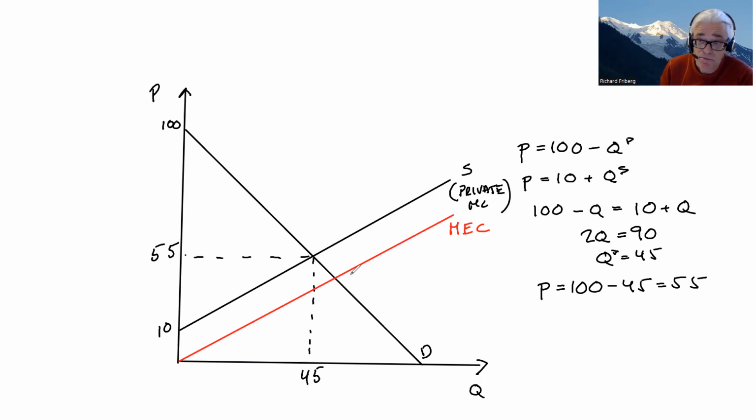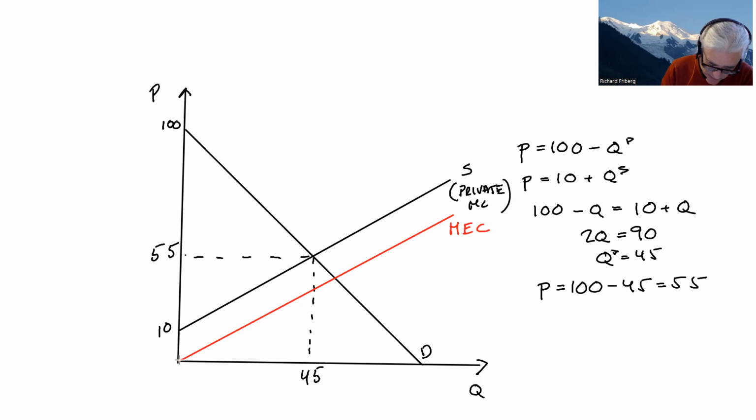So if we as a society want to take account of those, a natural starting point will be to take account of both the private and the external costs. We want to say, how much would we produce if we're optimally taking account of all the costs that are associated with the production of this good. So we're adding the marginal external cost and the private cost.